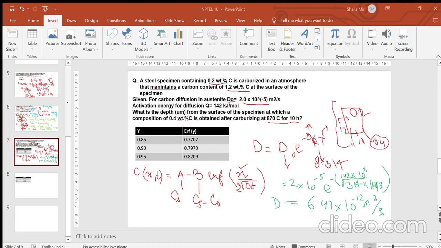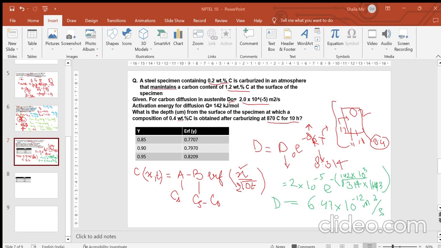So first we'll try to solve this. This will be 0.8. You will have something like this: 0.8 is equal to ERF of x by 2 under root of dt. If you treat the whole of this as y, you can say it is equal to ERF y.